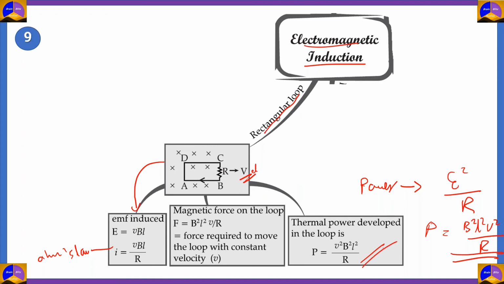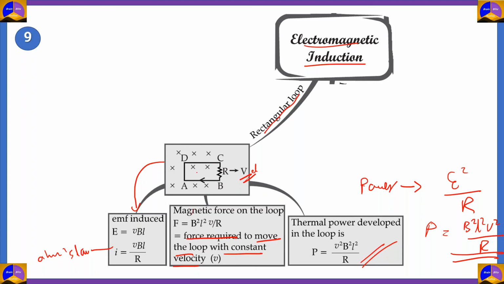The magnetic force that we get on the loop is given by the formula B squared L squared V divided by R. So this magnetic force is essentially described as the force which is required to move a loop with the constant velocity.